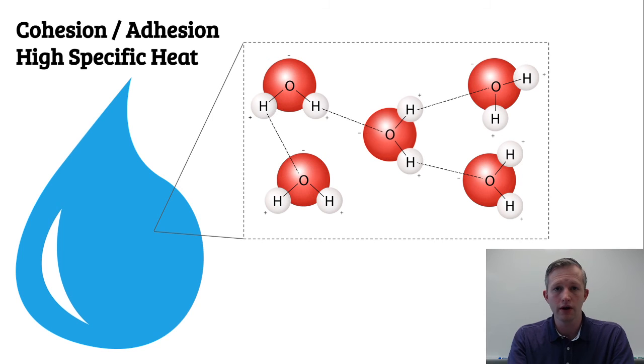And just to give you a quick comparison, if you've ever touched rubbing alcohol or maybe acetone, nail polish remover, that kind of thing, or even if you've ever gotten gasoline on your hands, I don't know what you guys do in your free time, but you've probably at some point touched one of those substances and been aware of the fact that rubbing alcohol, for instance, or acetone, if it gets on your hand, feels very cold and it's gone quickly.